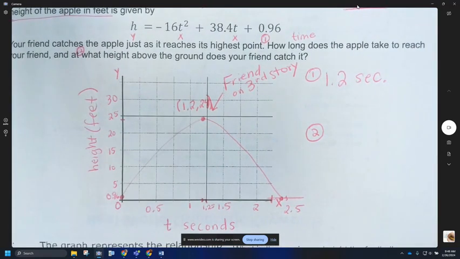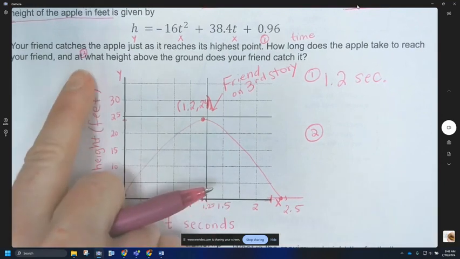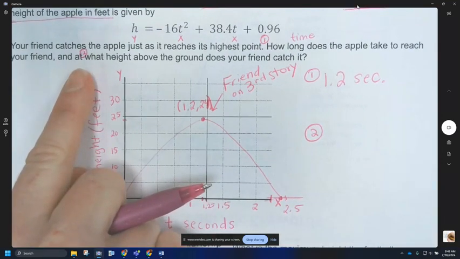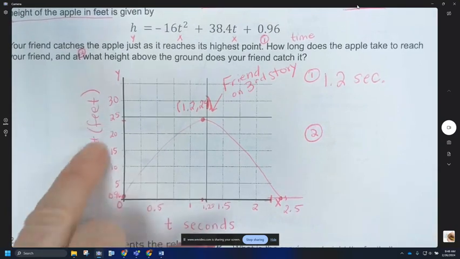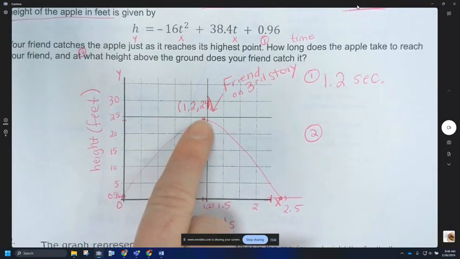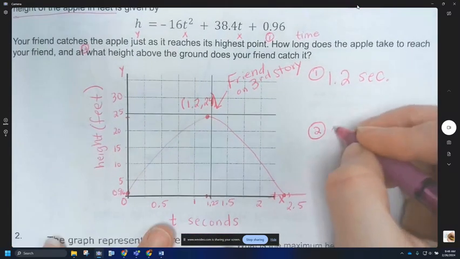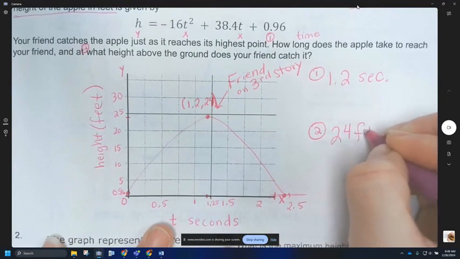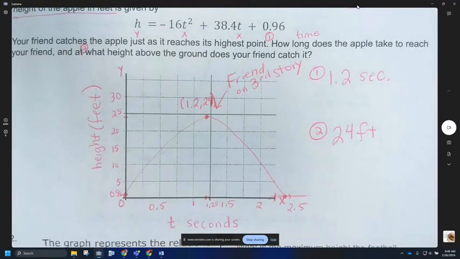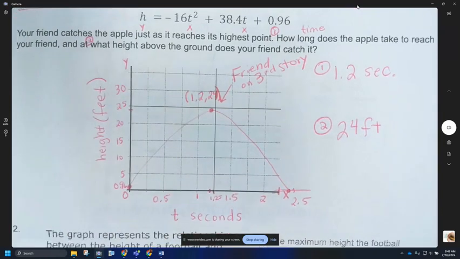And then the next question, number 2, is what height above the ground does your friend catch it? So height, here's your friend, 24, and it's feet. We could have done all of this just by looking at Desmos, but I wanted you to see how you could graph it from Desmos.